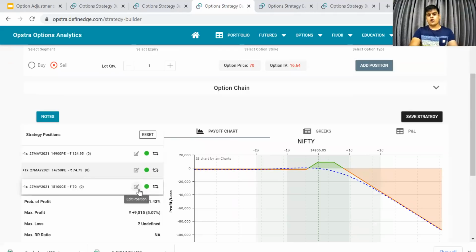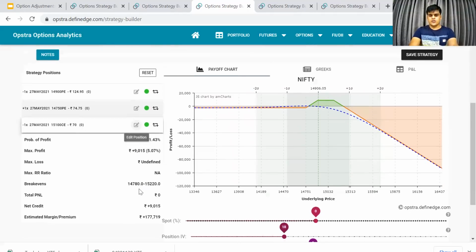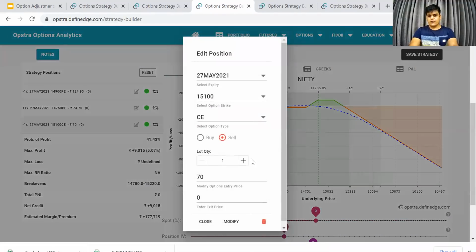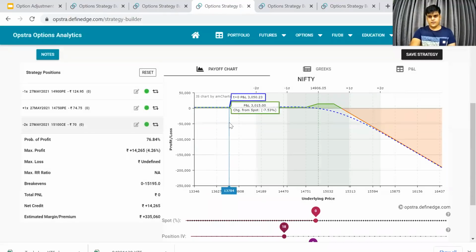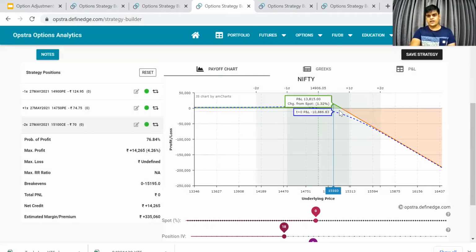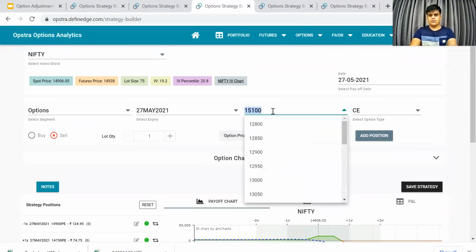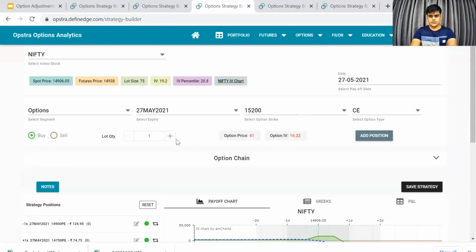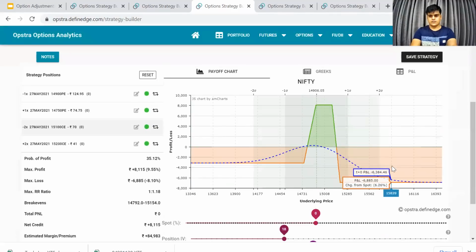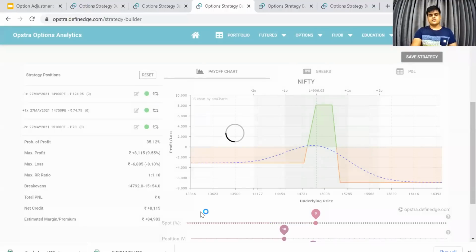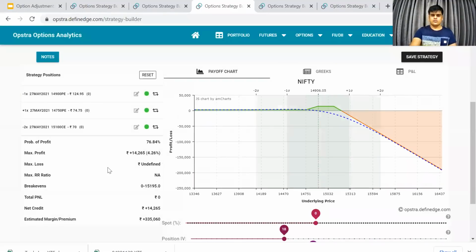So basically you're selling more calls to get more credit. Suppose if I sell 2, you will see that there won't be any loss on the downside. But you see that on the upside, again, the loss is unlimited. Same thing, what you can do is you can buy the OTM leg. Something like this. So the main crux is you create a position.